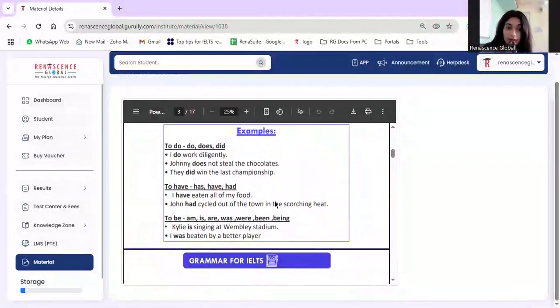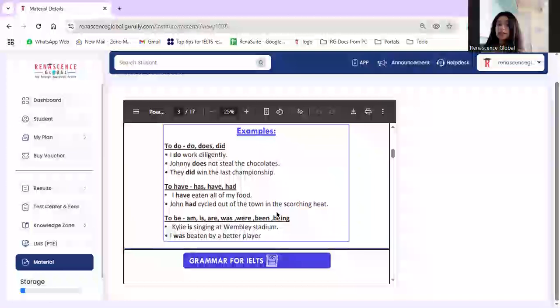Now, let's talk about have, has, had. I have eaten all my food. John had cycled out of the town in the scorching heat. Now understand this one thing. What could be the difference between have and had? Have is something which we are already doing. I have eaten all my food.